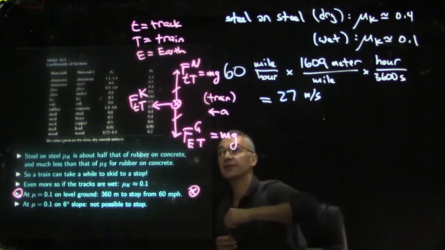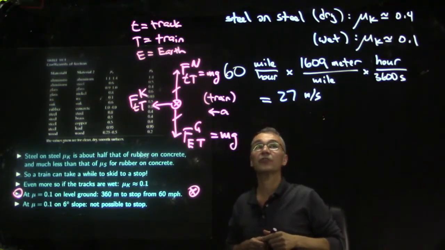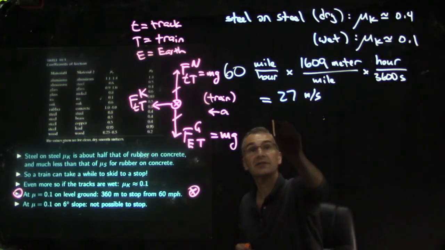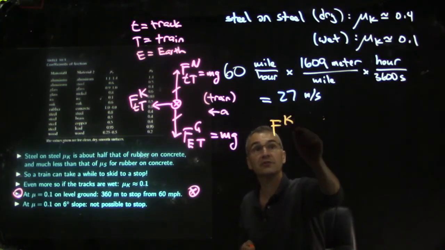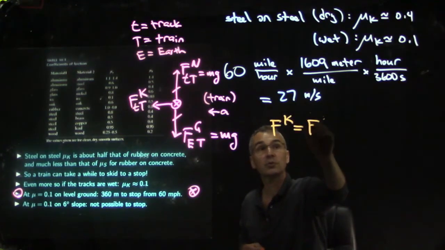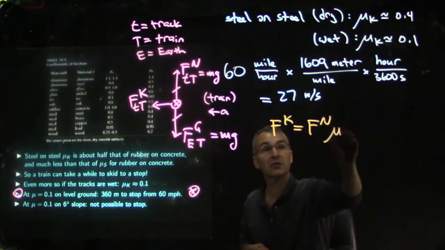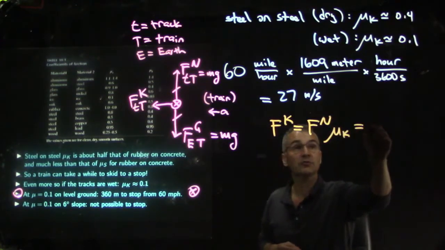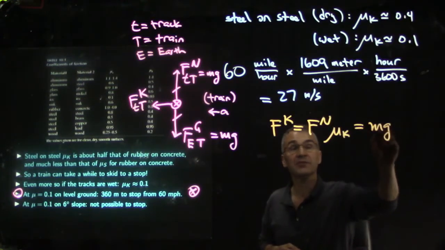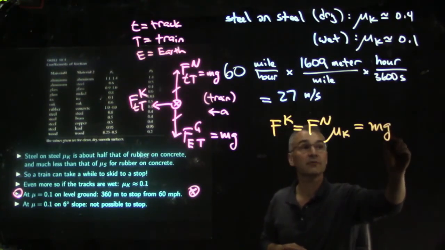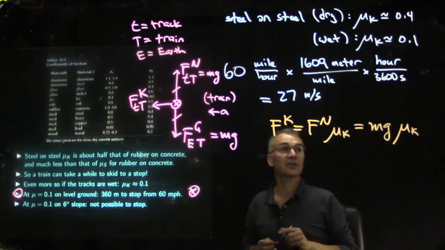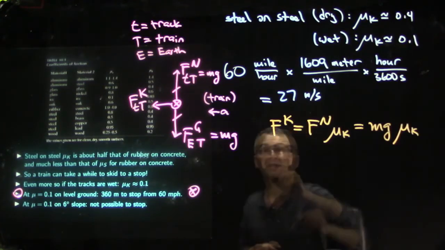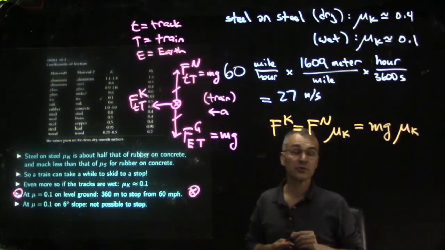Then we have the kinetic friction force, which equals the normal force times the coefficient of kinetic friction. The normal force is mg in this case. That's the only horizontal force.